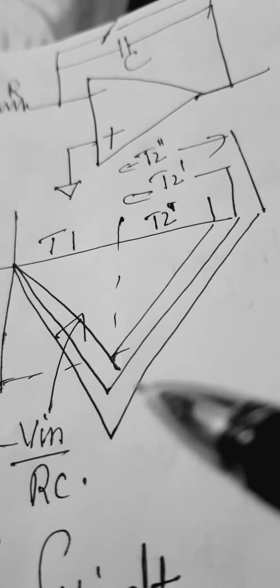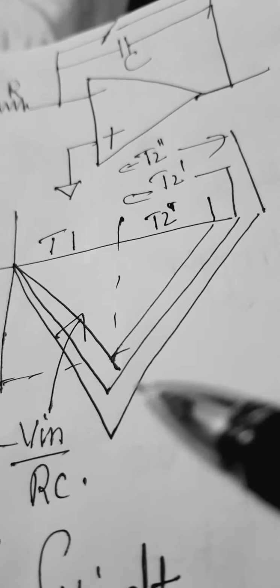For a particular time, T1 is constant, that much time only you are allowing the Vin to be connected to this integrator. After that you are switching the switch to minus V reference. So from the negative value, it integrates in the positive direction with a constant slope.